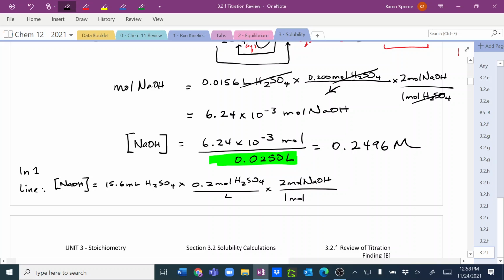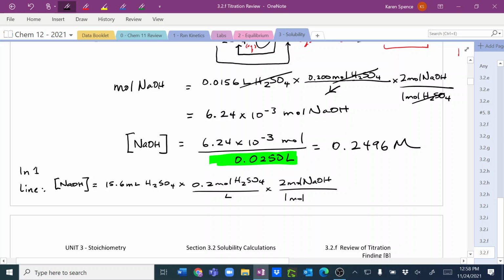And now this is where some people get a little bit messed up, because they don't know what to do at this point, since they want liters on the bottom. So they try and make up something to put on the top. But do we have what we want on the top already? Yes, we do. So we should just leave that alone.